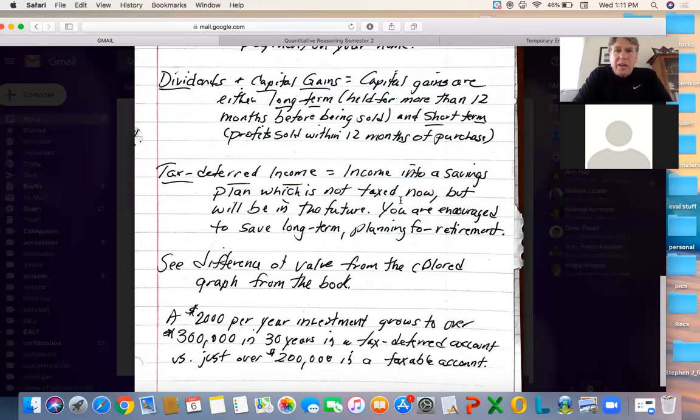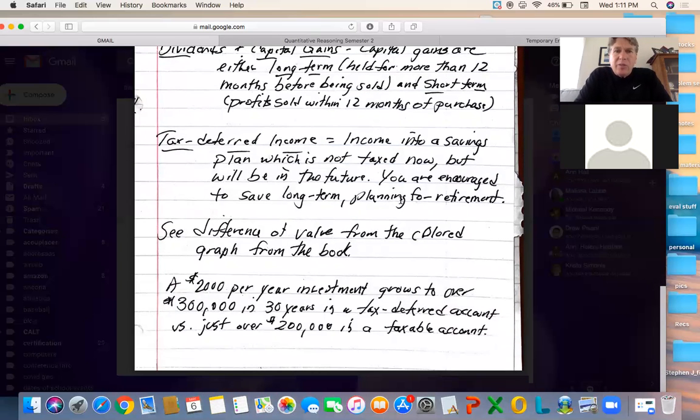A short-term capital gain is profit made on an investment bought and sold within 12 months. So if I bought Apple now, 2 months from now it goes up, I sell it again, that's a short-term gain. Long-term gains have a better tax advantage than short-term because they're encouraging you to keep them longer.